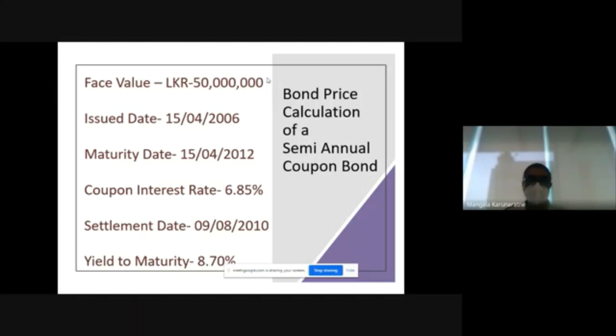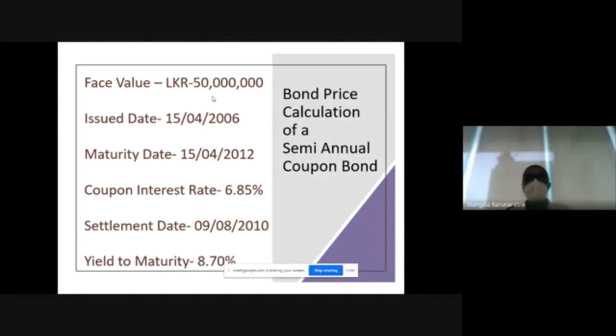Now this is a practical subject. You all are practicing this every day, as well as the other counterparties, the primary dealers, the banks are doing this every day in the government bond market, or we would say government securities market.